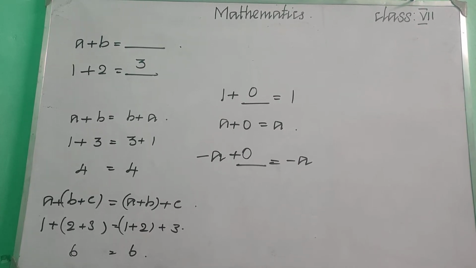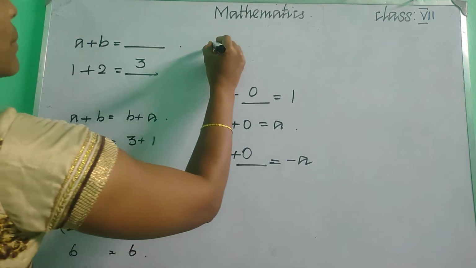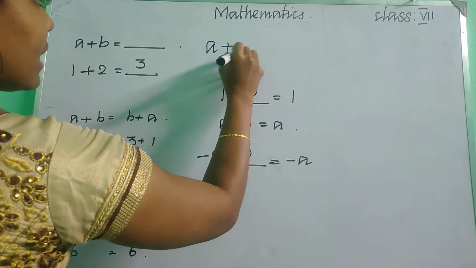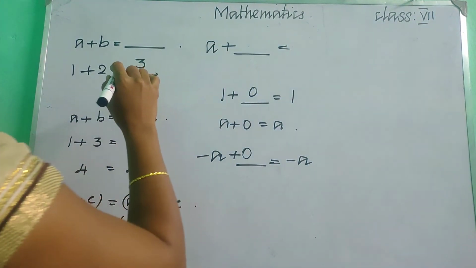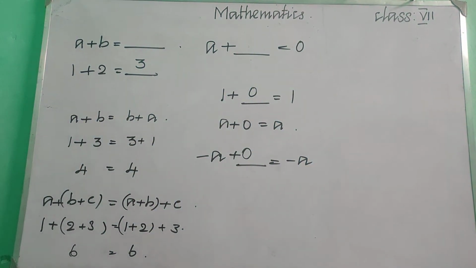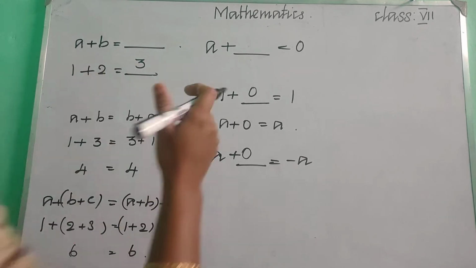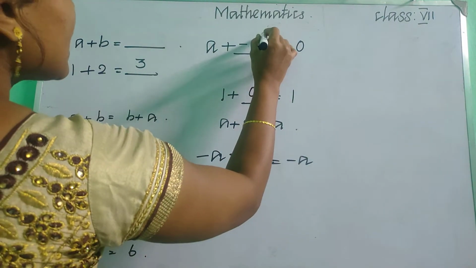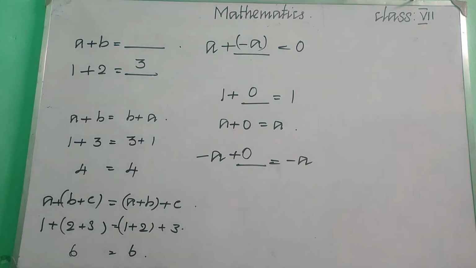Additive inverse means simply if I am having A, we need to get the answer as 0. Okay, so what will be added with this A to get the 0? We need to add the opposite of this integer, right? So that A plus minus A equal to 0. That is called additive inverse.